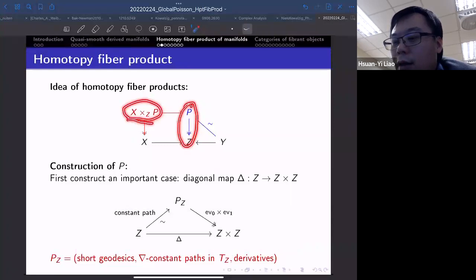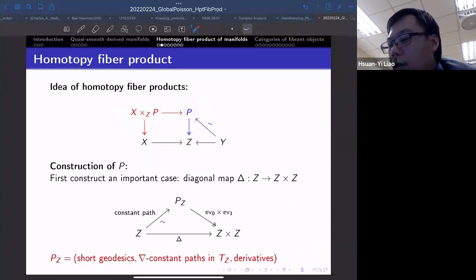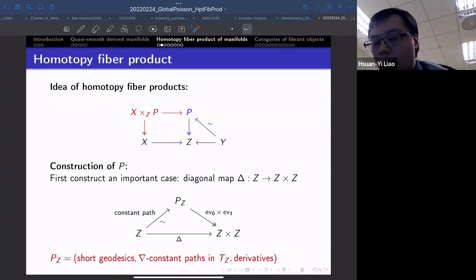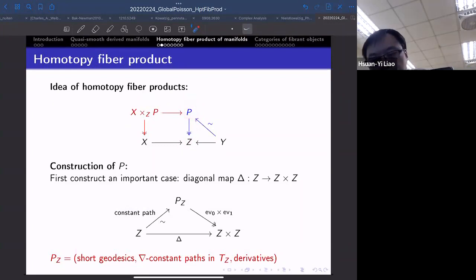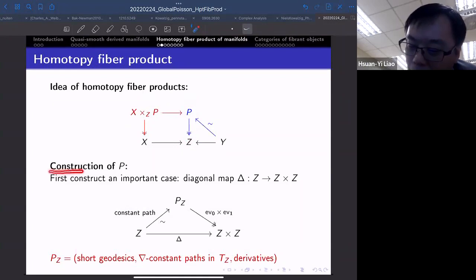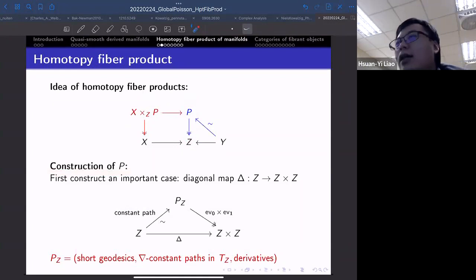In this way, I should get a smooth space. And in this idea, the problem is what is this P? How do I get this factorization? So the key is how we can construct this P.